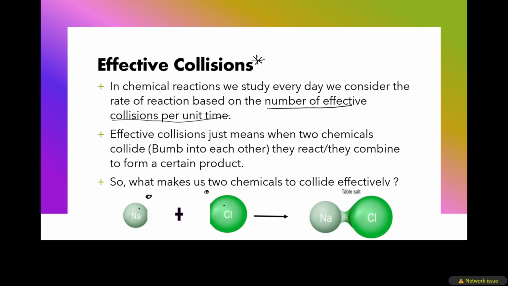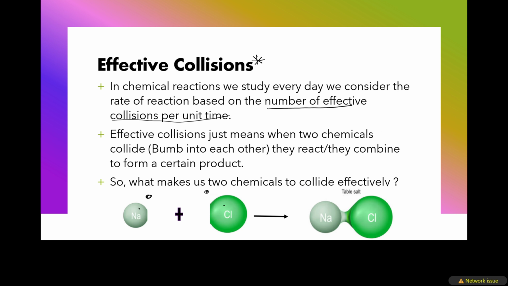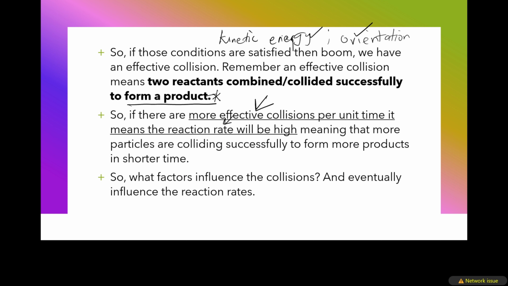Remember, from the definition of reaction rate, we say it is the change in concentration of products or reactants per unit time. So if there will be more effective collisions, it means that there will be more products formed, or there will be more reactants that are used to form products. So this means that more particles are colliding successfully to form more products in a shorter time.